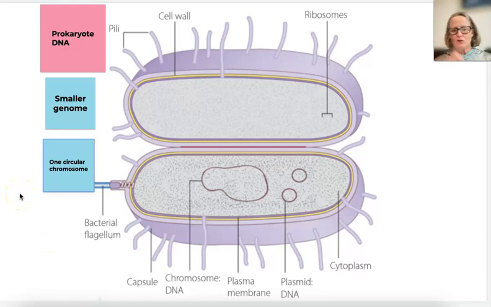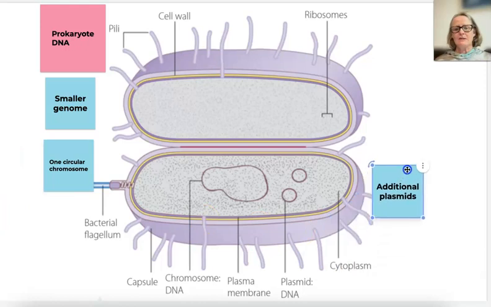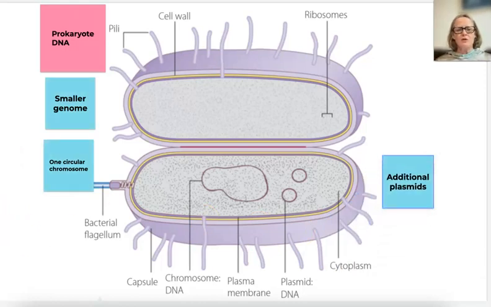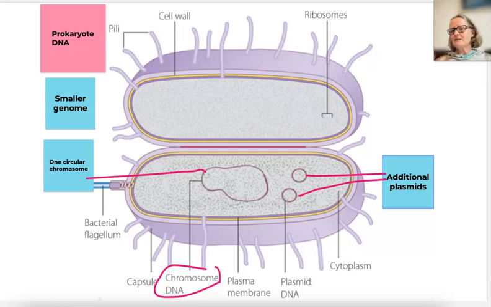Therefore, there's no ends. It's just one big loop. And there are additional plasmids, you can see those over here. So we've got one circular chromosome and additional plasmids. And the plasmids can hold interesting features like antibiotic resistance, for example.